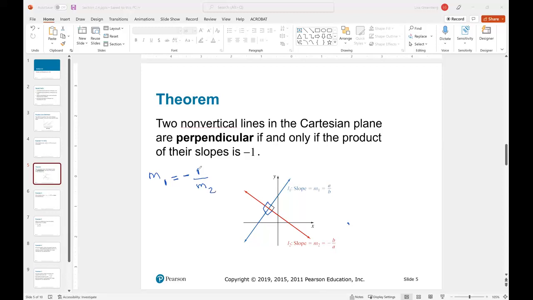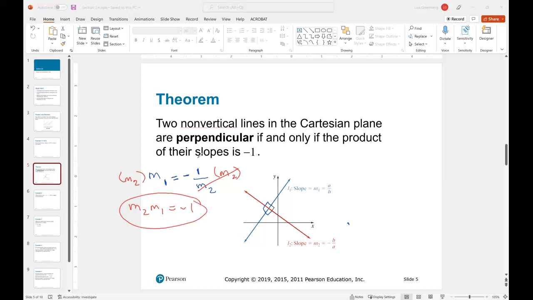And that's why they're saying that if we multiply them together, it equals -1, because if I multiply both sides by m2, then these would cancel and I would get m1 times m2 is equal to -1.